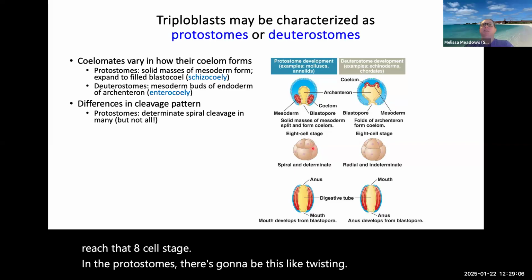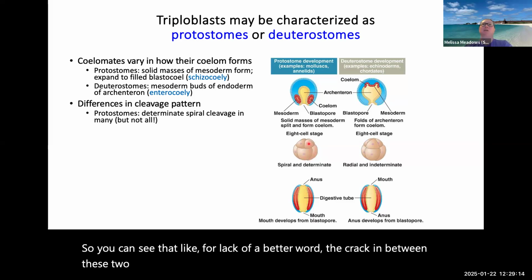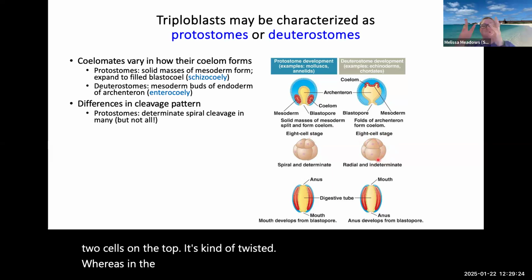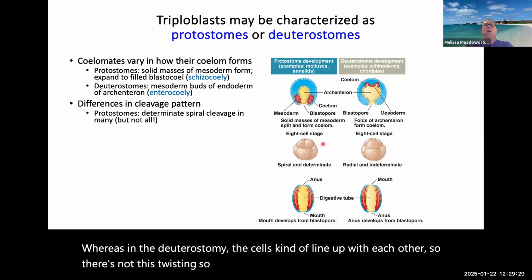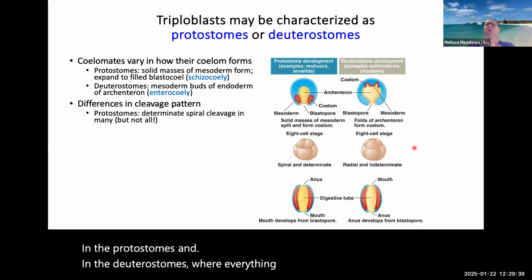So you can see that, for lack of a better word, the crack in between these 2 cells on the bottom is not lined up with the crack between the 2 cells on the top. It's kind of twisted. Whereas in the deuterostome, the cells kind of line up with each other. So there's not this twisting. So that's called spiral cleavage in the protostomes. And in the deuterostomes, where everything stays lined up, we call that radial cleavage.